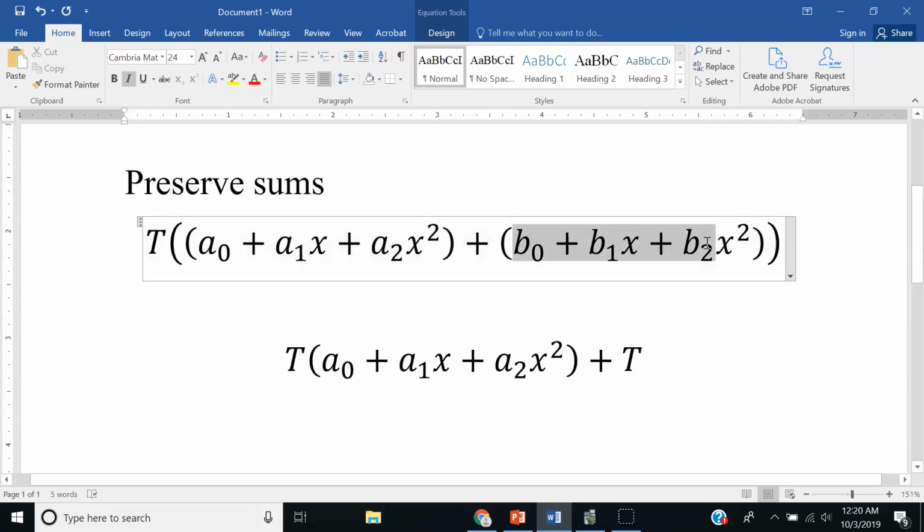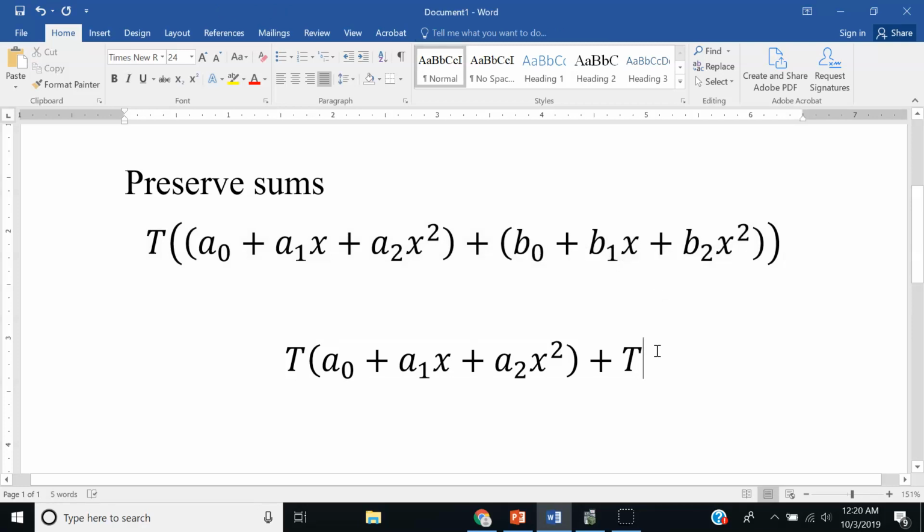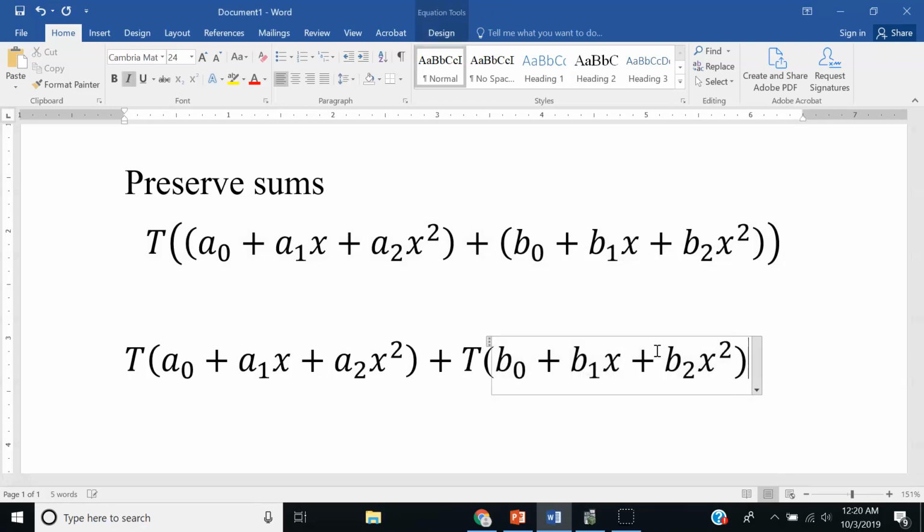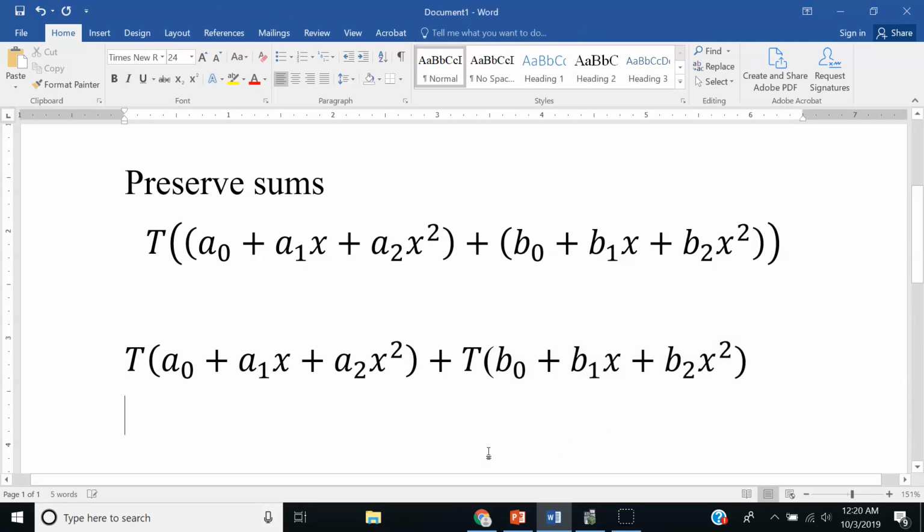I apologize for this. I said times, I mean of my second vector. All right. Now, if this is a linear transformation, these two things should be equal. Adding things up and then transforming should be equal to transforming and then adding them up. Okay?